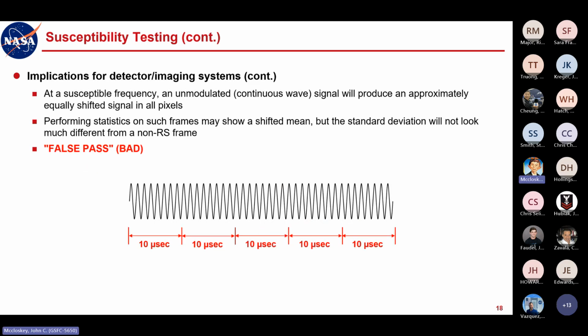So at a susceptible frequency, an unmodulated or CW signal will produce an approximately equal shifted signal level in all pixels. Performing statistics on such frames may show a shifted mean, but the standard deviation will not look much different from a non-RS frame. This is direct experience talking here. We went through a test some years ago where we forgot to apply some modulation.